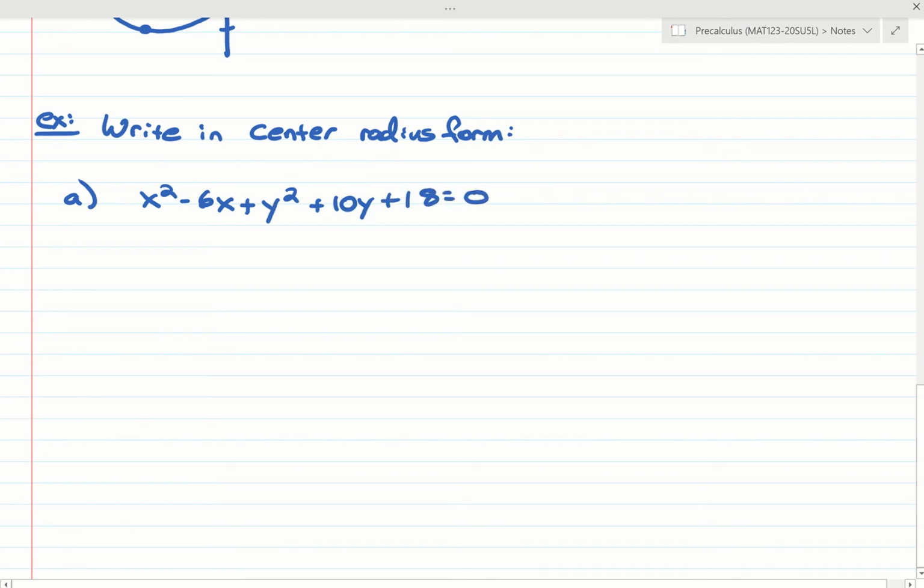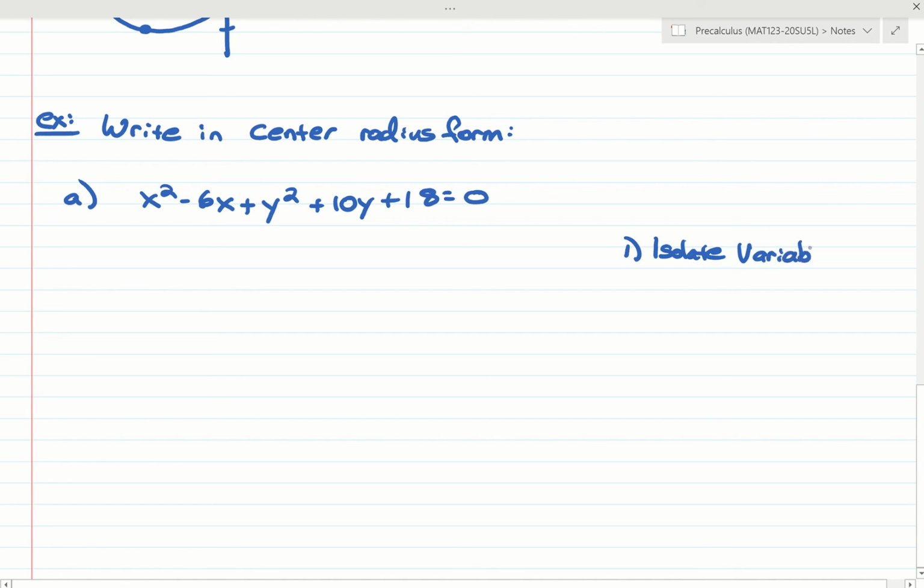Well, we want to have perfect squares, right? We want to have x minus something squared, y minus something squared, so we need perfect squares. And if you remember back to talking about quadratic equations, the way that we get perfect squares is we do something called complete the square. So our first step to complete the square was to isolate the variables.